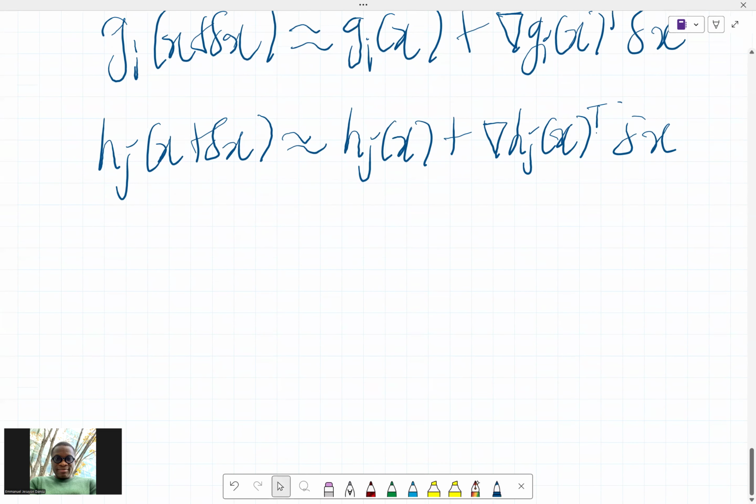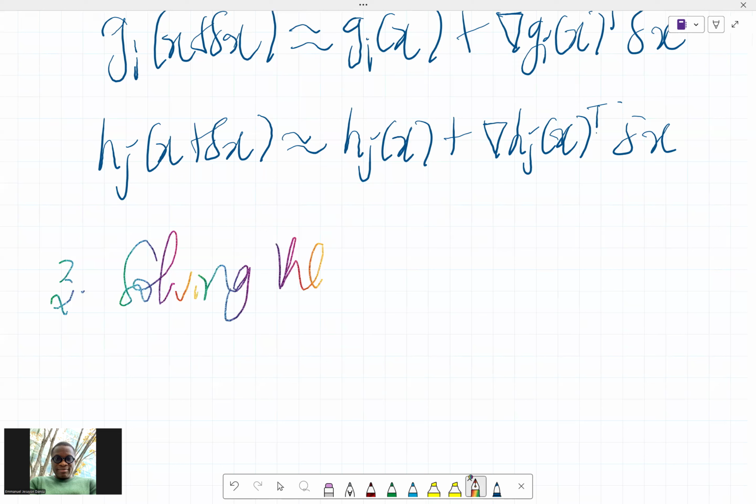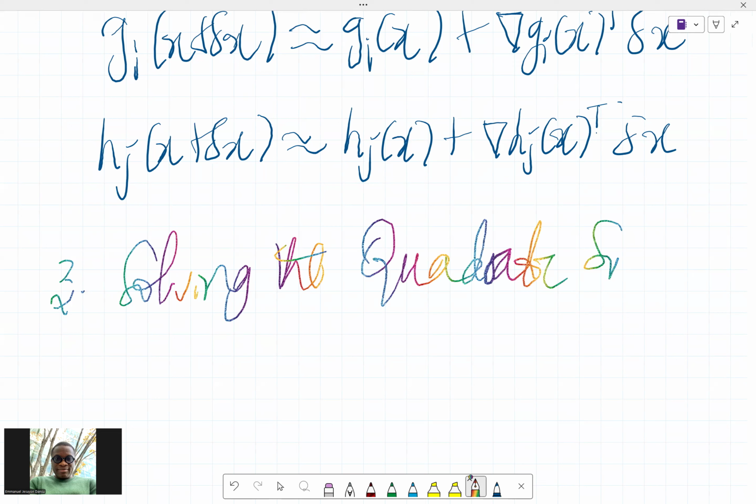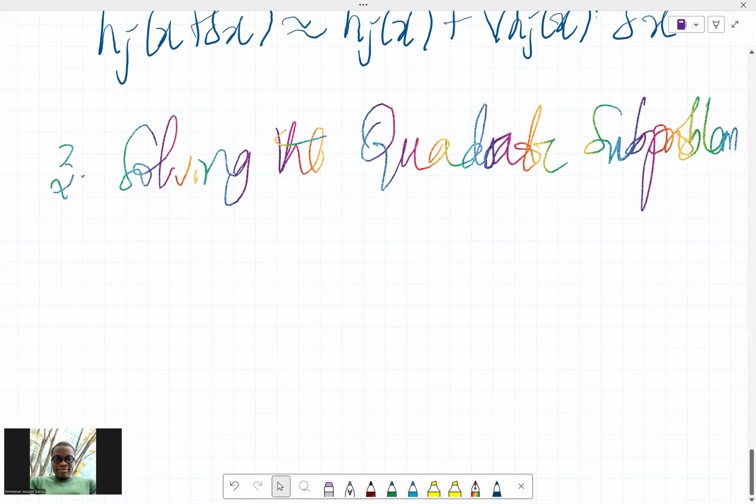After doing that step, we go to the third step, which is solving the quadratic subproblem.